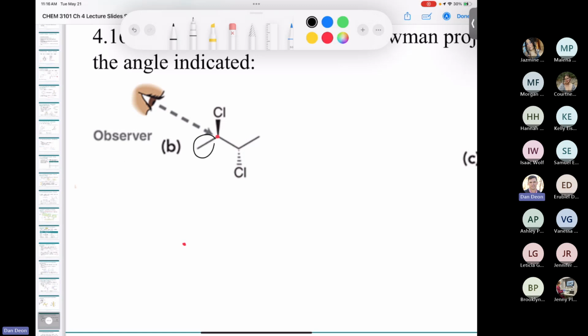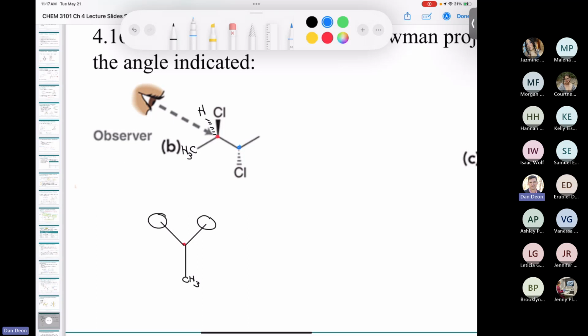Now we see there's something going straight down, so we'll draw a line going straight down, and that means we're going to have something coming up here and something coming up here. What are those two other things? Well, we've got the CH3 group going down like this, then we have a chlorine, and we also have a hydrogen. I want you to try to figure out which side is the chlorine and which side is the hydrogen.